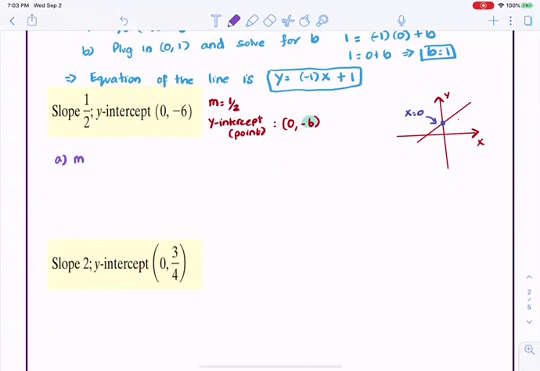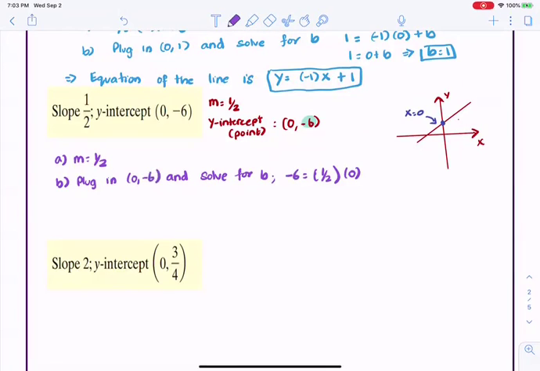So slope is given, so 1/2. The point is given, so I'm going to plug in 0, -6 and solve for b. So y would equal m is 1/2, x is 0, y is -6, I'm sorry, that should be -6, plus b, which would imply b is -6.